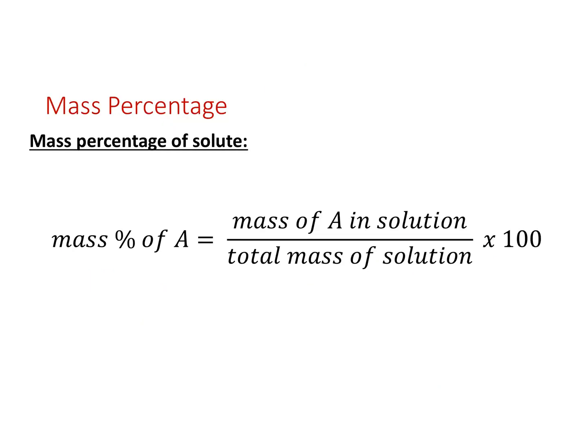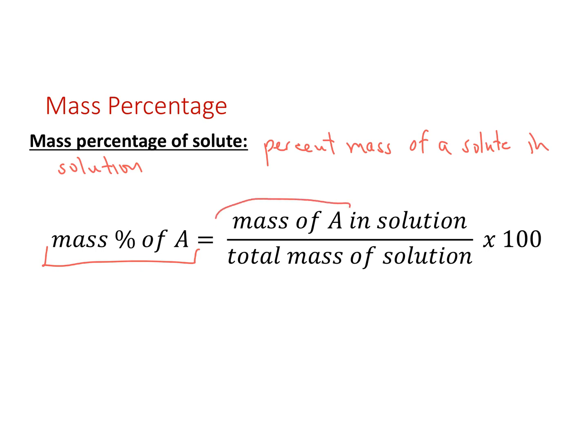The next term of concentration is mass percent of a solute, and as the name implies, it is the percent mass of a solute in solution. Right, so how do I find the percent of anything?